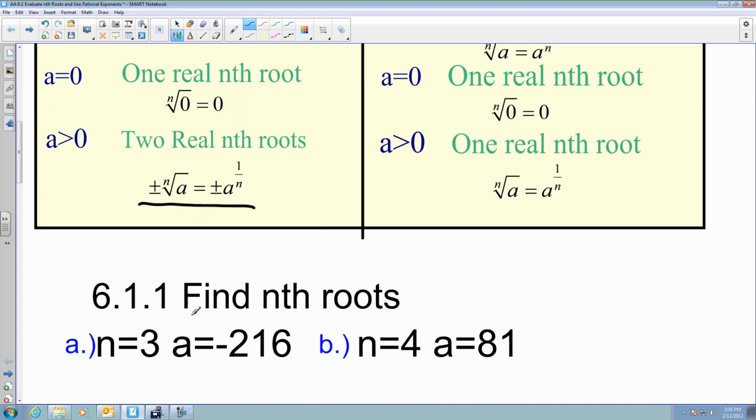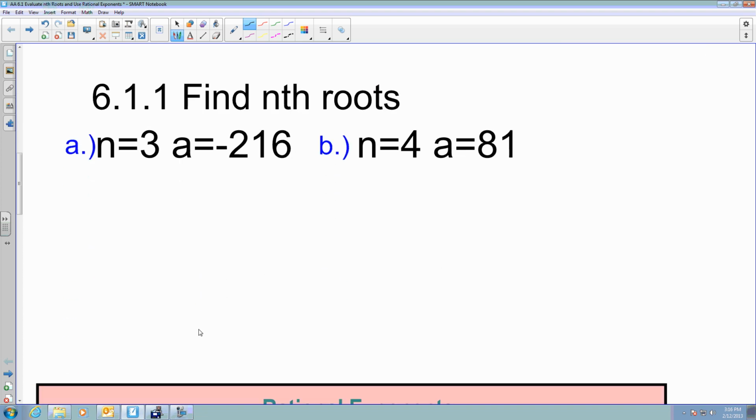So let's say for these examples, I have n equals 3 and a equals negative 216. Using the b to the n equals a situation, I substitute 3 in for n and negative 216 for a.